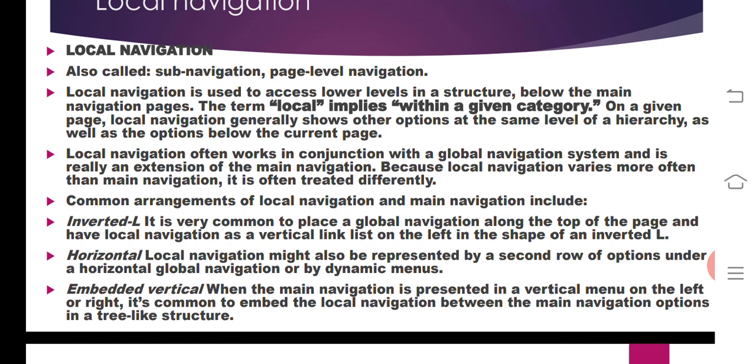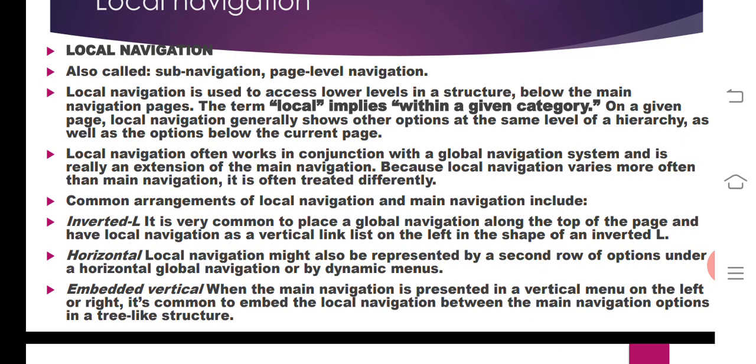Local navigation, in conjunction with the global navigation system, is really an extension of the main navigation, because local navigation varies more often than main navigation. Common arrangements of local and main navigation include the inverted L. It is very common to place the global navigation along the top of the page and have local navigation as a vertical link list on the left, in the shape of an inverted L. In the figure below you can see all of this.